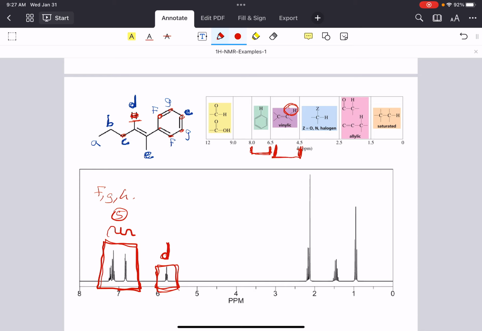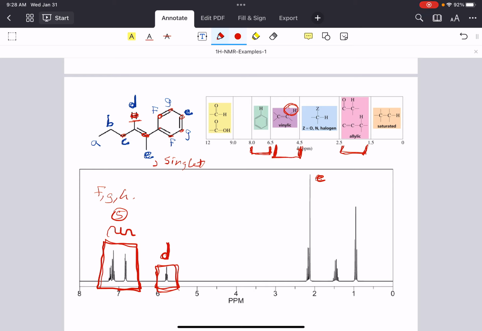If we look at signal E, we would expect signal E to appear as a singlet, as it has no hydrogen neighbors on its neighboring carbon of that carbon-carbon double bond. If I look at the remaining signals, the only singlet that I have here is this one, E, at a chemical shift of about 2, which is consistent with the allylic position that we have.